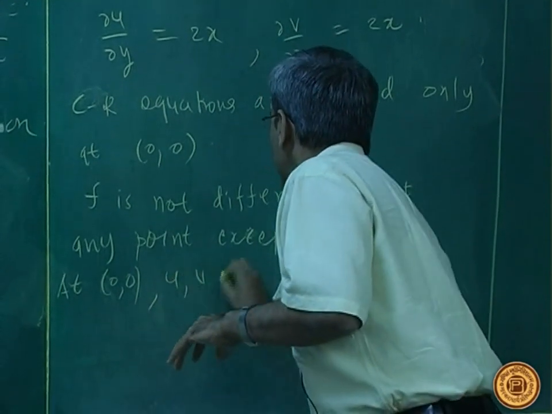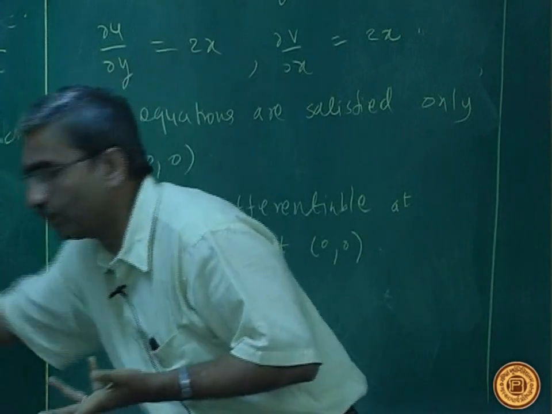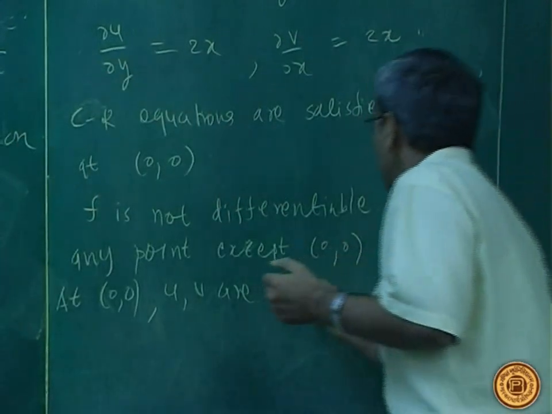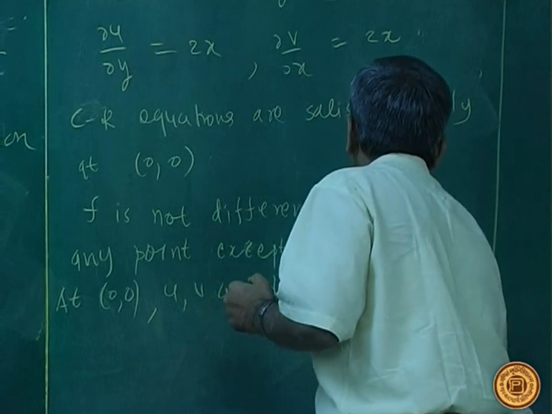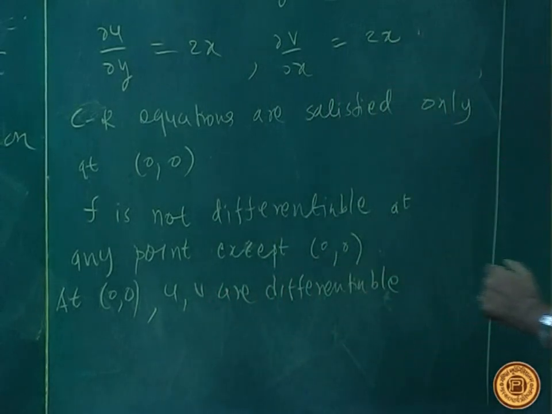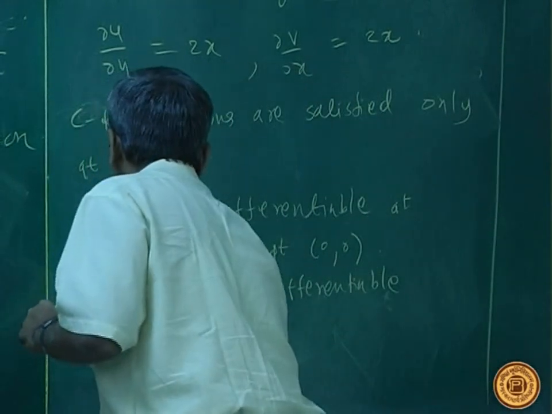Okay. So at (0, 0), u, v are differentiable. In fact, u, v are differentiable everywhere. They are polynomial functions. And Cauchy-Riemann equations are satisfied.